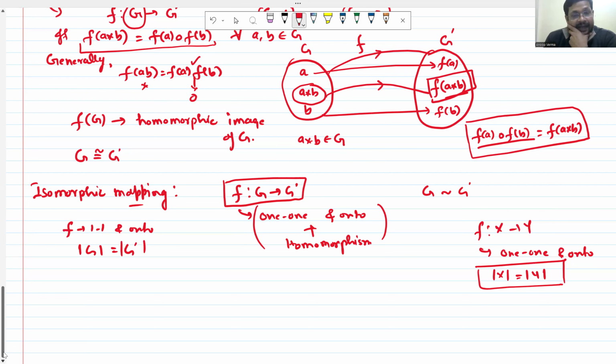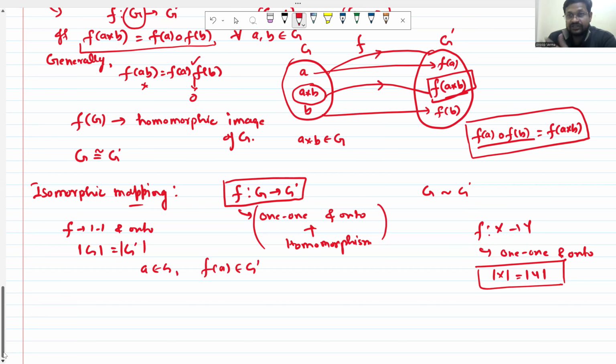And another thing is here, by the homomorphism we can say that the properties of the elements from the group G are also held by the respective elements of G dash. If I say this is a in G and you map it by f, you will get some element in G dash, so f(a) has the same property as a.